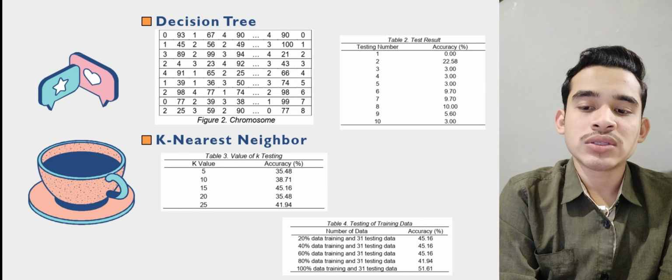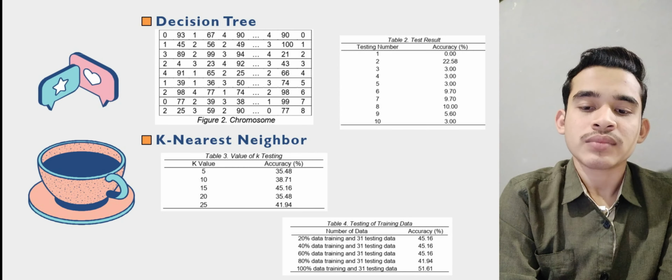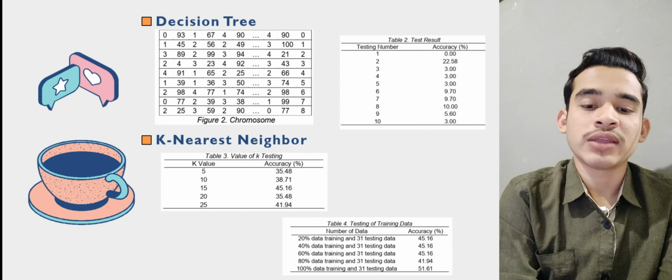This test uses K values in multiples of 5 and uses 20% training data. From table 3 it can be seen that the K value of 15 has the highest accuracy, 45.60%. The K value of 15 is the optimal value, and after 10 to 15 it is the implemented value.